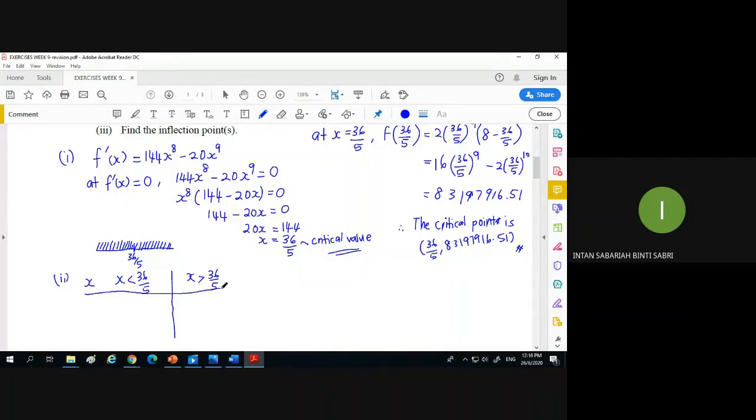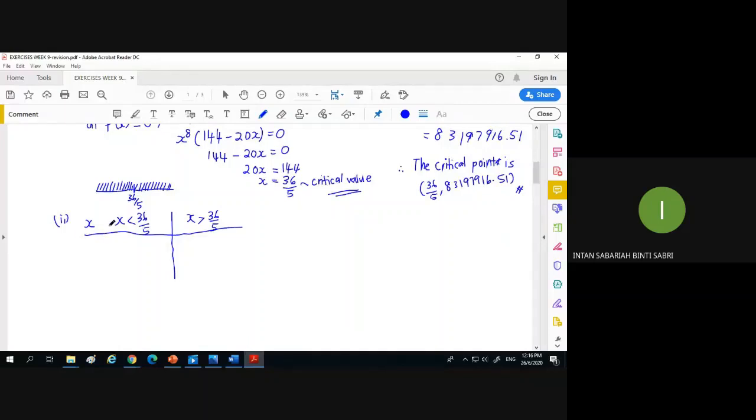That is the first element of the first derivative test. The second element is f prime x. The third element is the slope. We want to see whether the slope is increasing or decreasing, based on the value of the first derivative.